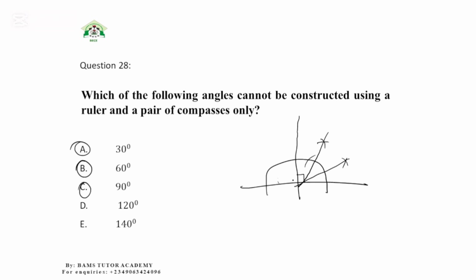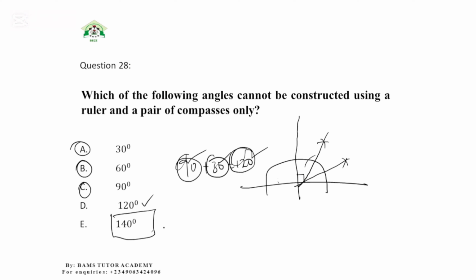So if I add up the special angles together, can I add anything up that will give me 140? I don't think so. But I can still add up something that will give me 120. For example, I can add up 90 plus 30, that gives me 120. If I can use a pair of compass to construct 30 and 90, of course I can use it to construct 120.